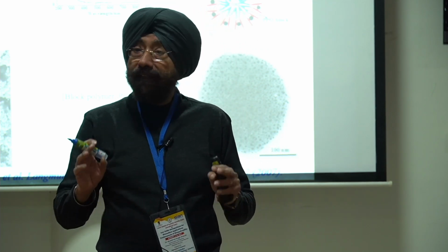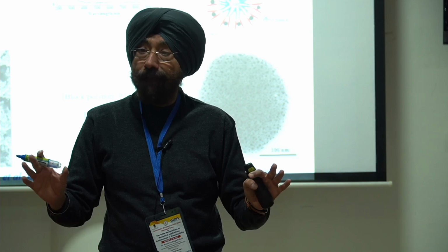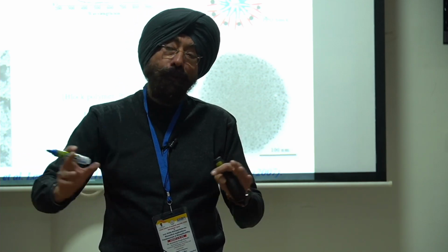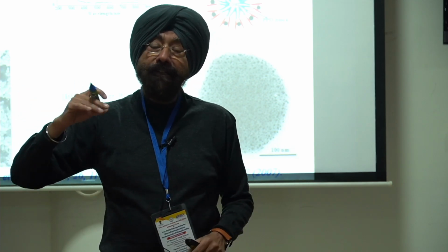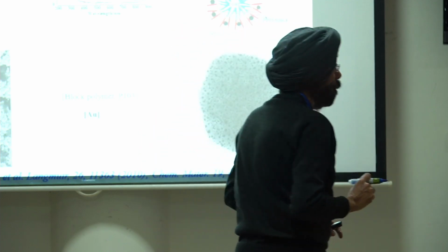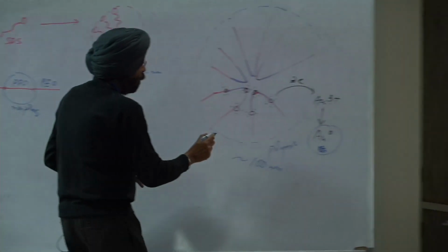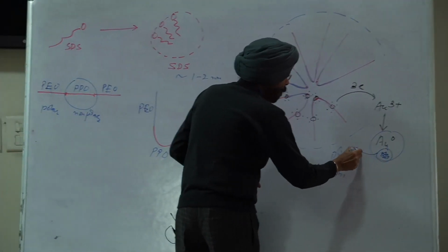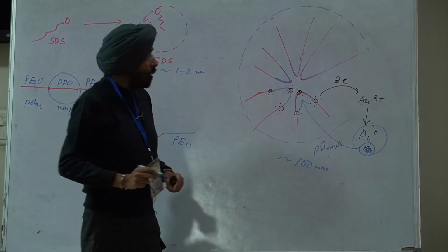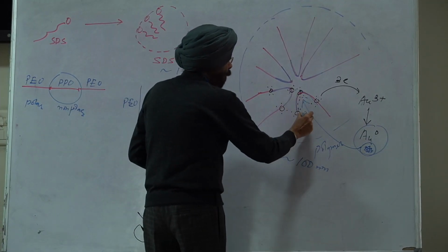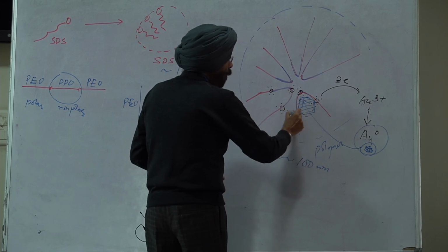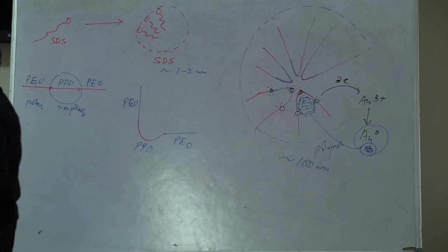The nucleating center itself is not a stable nanoparticle, but it is an entity which is in the course of growth, and hence it will eventually convert into a bigger or full-fledged nanoparticle. So this nucleating center is created here in the cavity, and it eventually grows into a full-fledged nanoparticle.